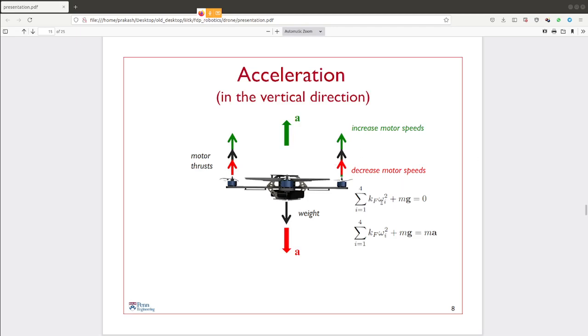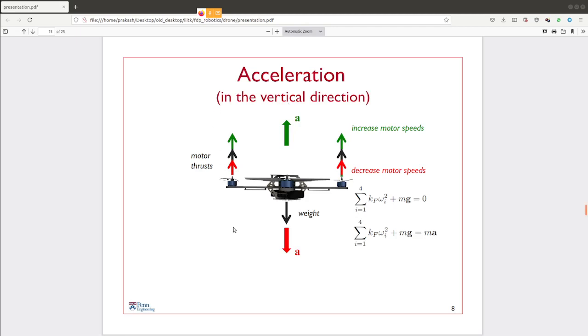If I reduce the angular velocity, then automatically the drone will go down. The net force will not be 0, and the acceleration will be in the downward direction, so that it will come down. And if I have to go up, I should do the opposite. All I have to do is increase the speed so that it will go up. That's the basic mechanism to go up and down.